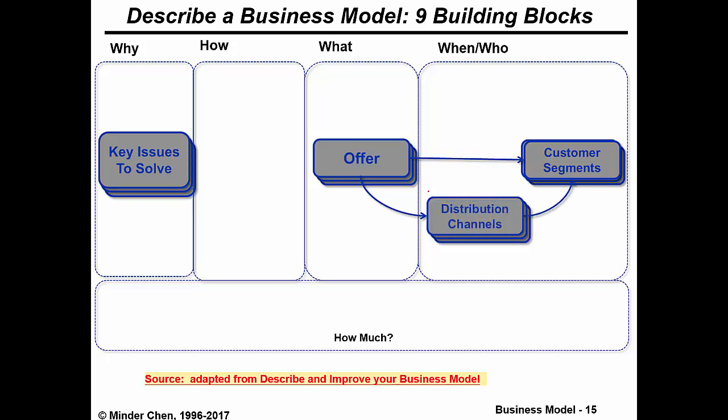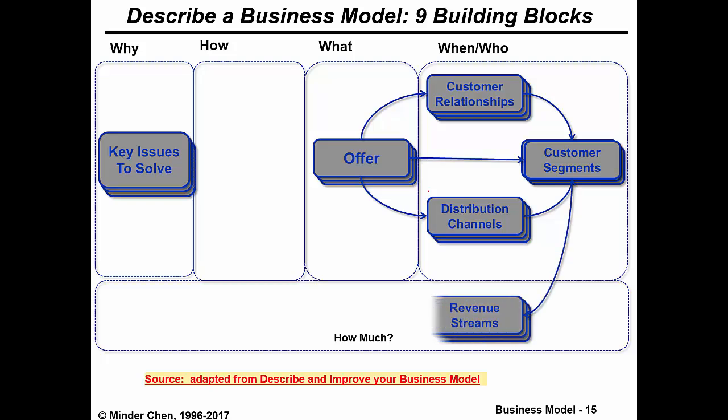And then you need to figure out your distribution channel, and then how you're going to establish and maintain the customer relationship that you have with the customer in the customer segment. And the customer segment would pay for the offers, and that generates the revenue streams.